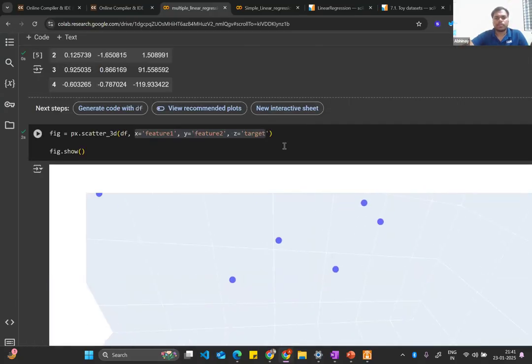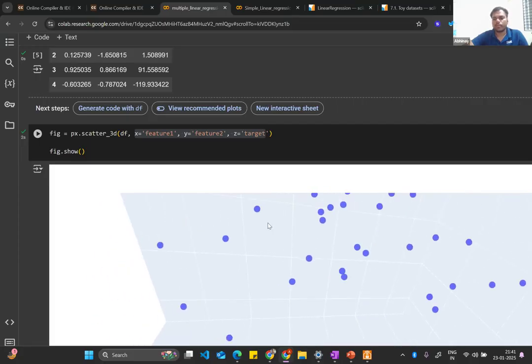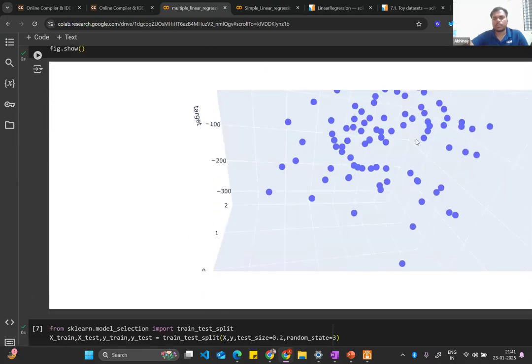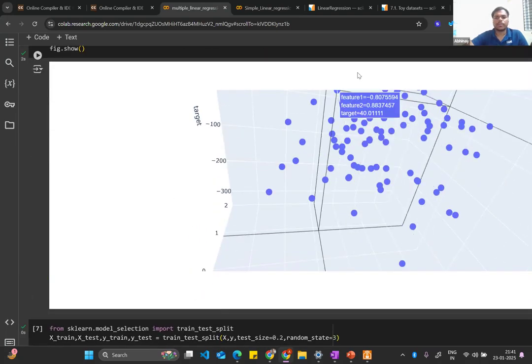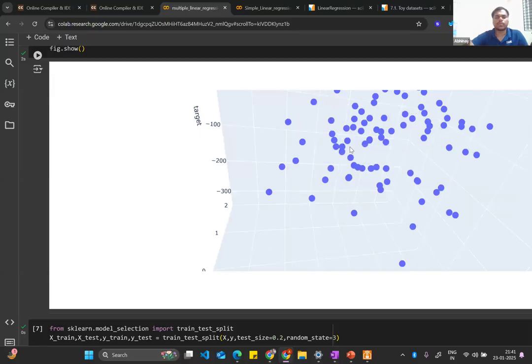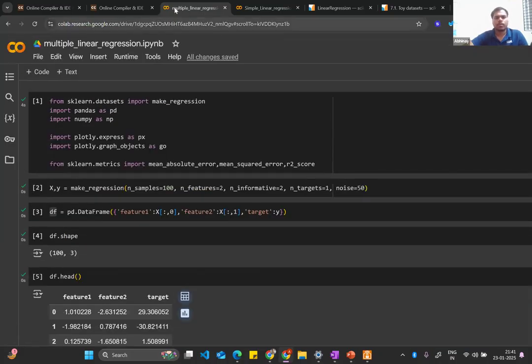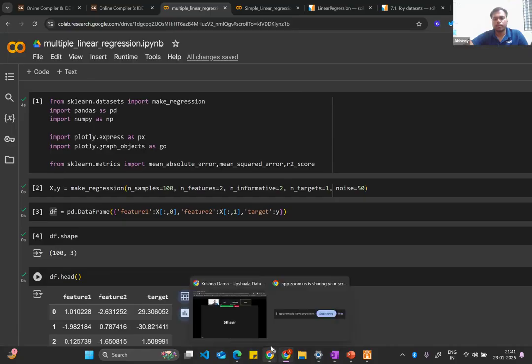I hope it is clear to everyone. And this was your 3D dimension, how you can visualize your data set in 3D.